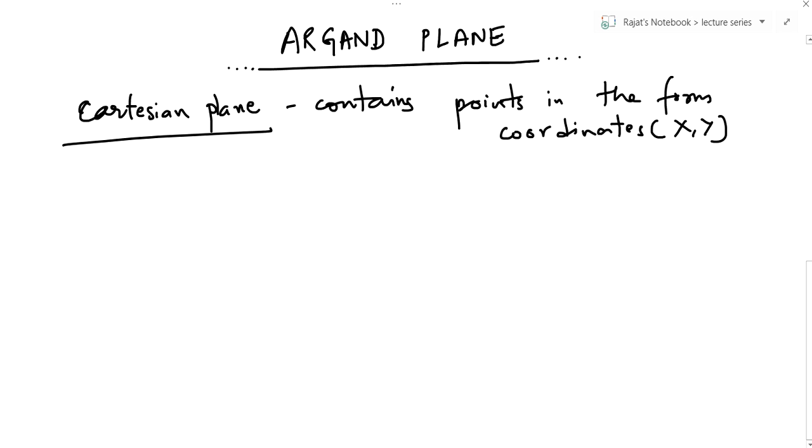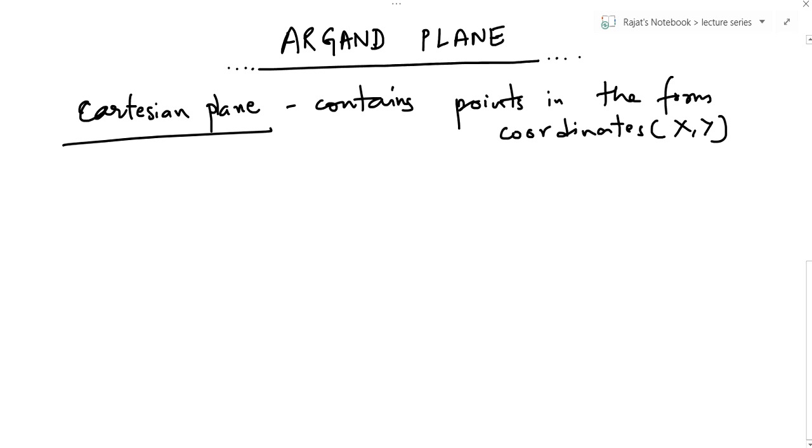Similarly, we have the argand plane. The argand plane is the plane that contains complex numbers. So it's basically the same thing. If you are comfortable with the Cartesian plane, if you are able to draw points on the Cartesian plane, you will understand the argand plane in no time. It's exactly the same thing, just a different notation that we use in the argand plane.